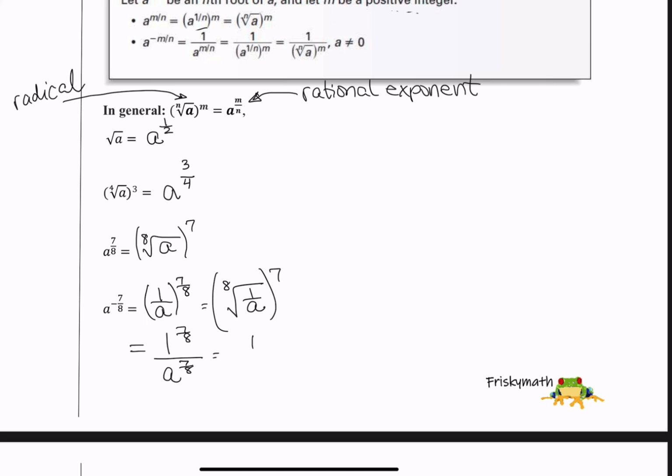So I would have 1 in the numerator. Now in the denominator, that's where I will actually rewrite this in radical notation by taking the 8th root of a and then raising that to the 7th power. Those are equivalent. You can write it either way. And it becomes tricky as you're trying to figure out, well, what's the right way to write this? Both of those are correct.